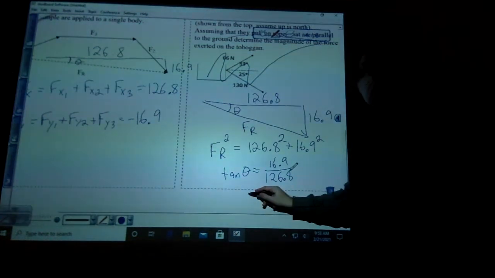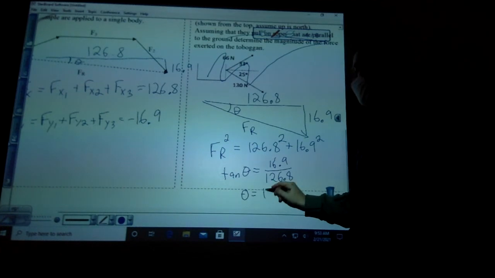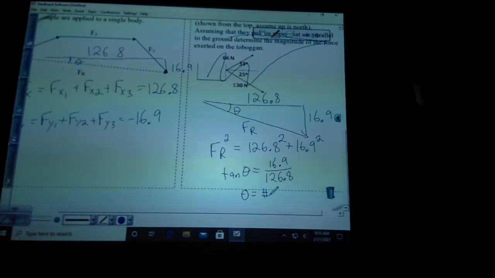And what did I want to get? Oh yeah, so theta is some number. And then in this case, what would be the direction? Celine? I'll get to your question in a sec. First, I want to figure out, is this going to be north of west, west of south, or south of east? Yeah, how'd you get that? Common sense, yeah.